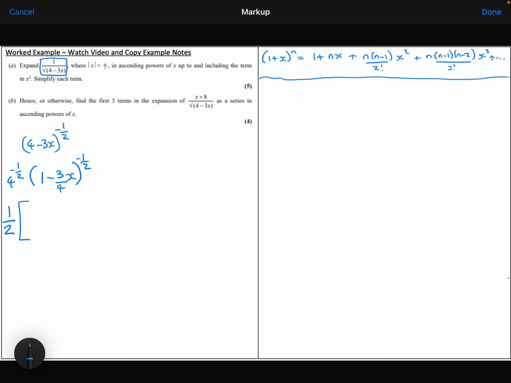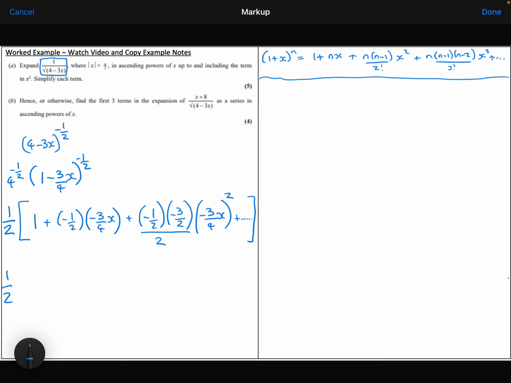Right, using the binomial theorem then, I will have 1 plus n, which is minus 1/2, times x, which is minus 3 over 4x in this case, plus n, which is minus 1/2, times n minus 1, which is minus 3 over 2, all divided by 2 factorial, which is just 2, times x, which is my minus 3 over 4x, all squared. And that's it. I only need to go up to the x squared term in this question.